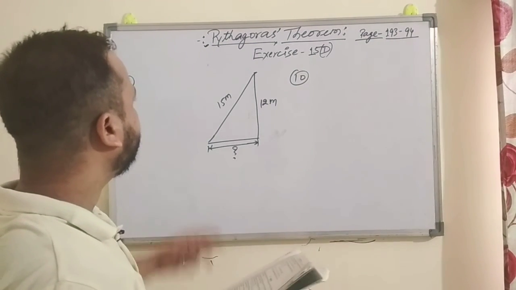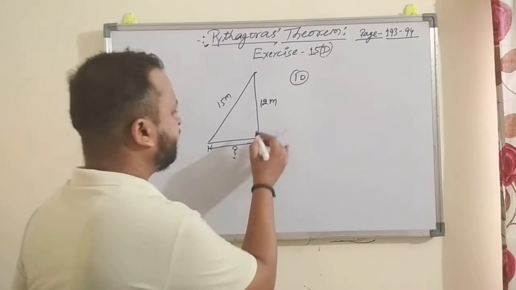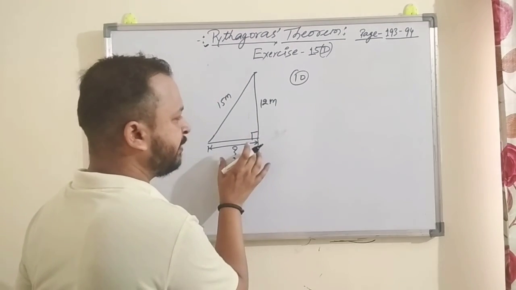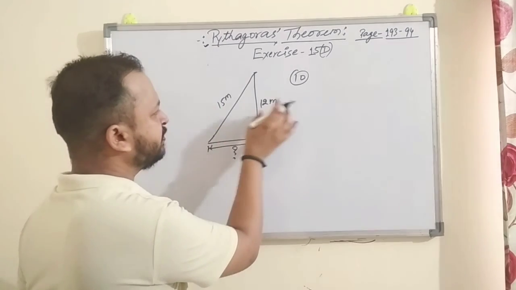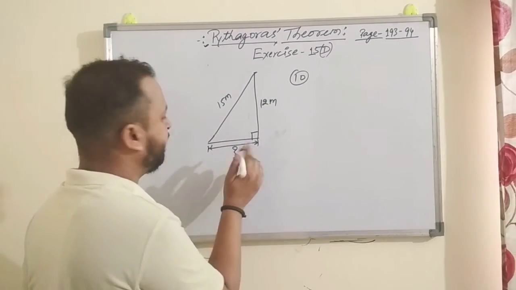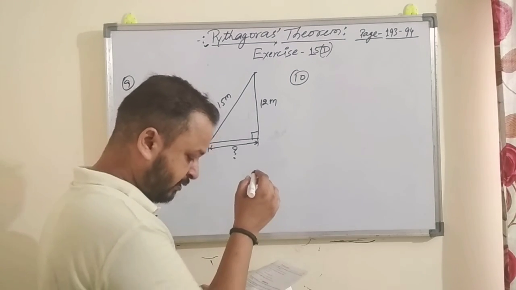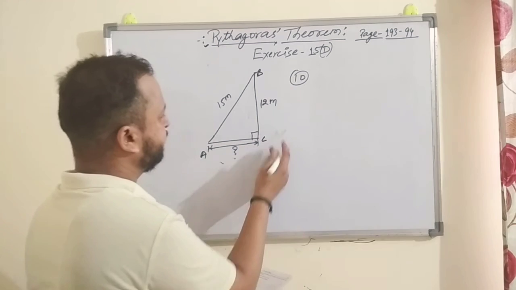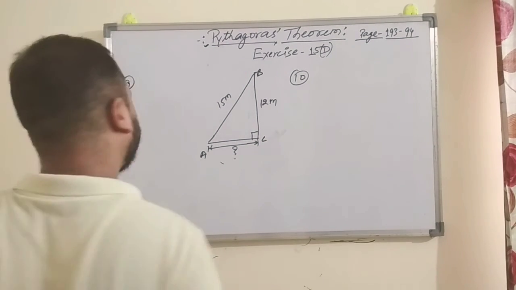So what you have to do is just apply the Pythagoras theorem. Hypotenuse square is equal to perpendicular square plus base square. So 15 square minus 12 square gives the base square. A, B and C are given, right?